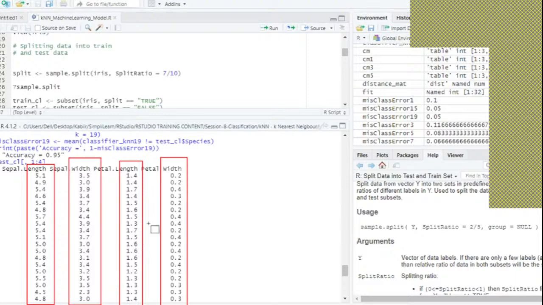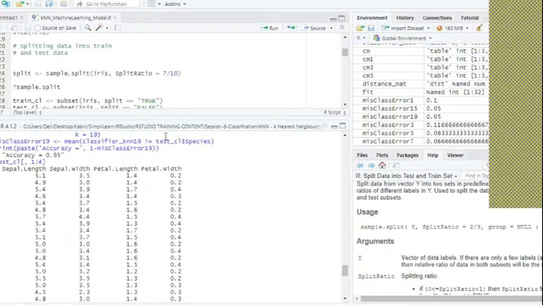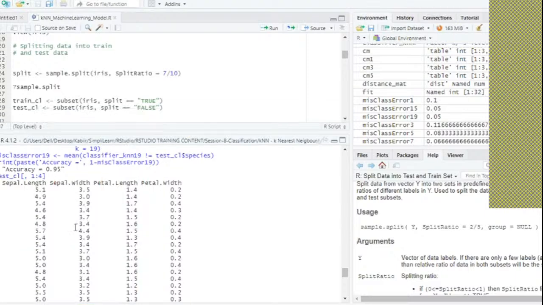But when I use it in a model, I rescale it because this value is larger than this one, but in terms of weight, I want a similar weight for all these 4 data points for the first observation. I am using all of these 4 together to predict a class, right?